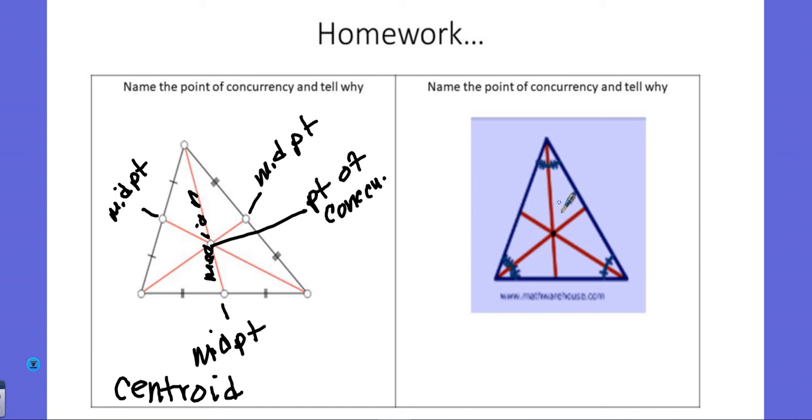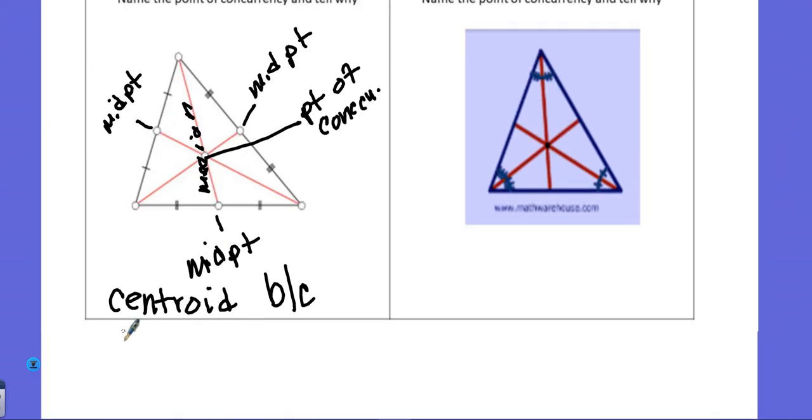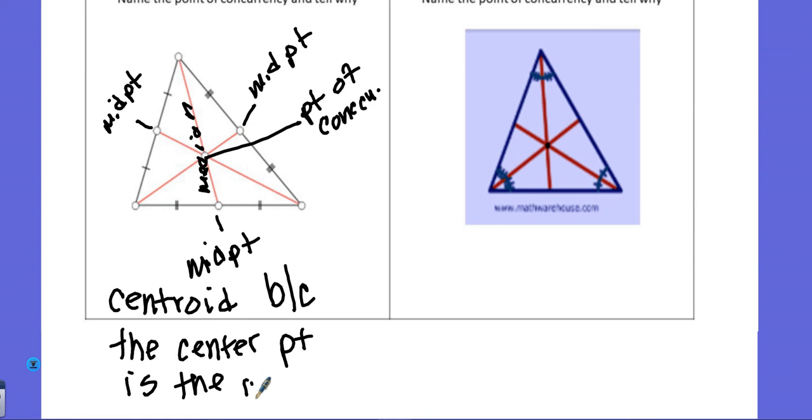This is a centroid, and it's because the center point is the intersection of medians. All right, that is why.